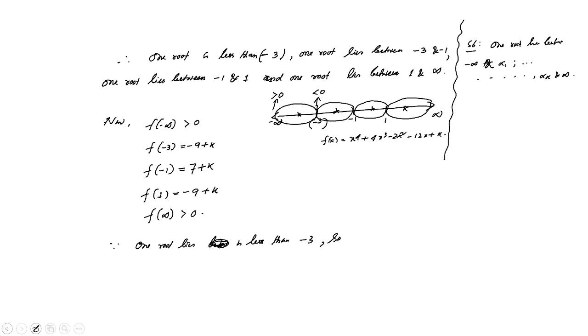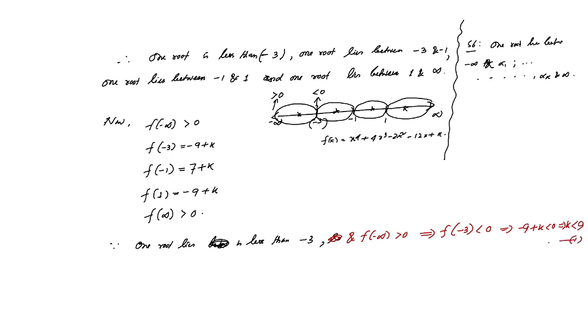So f of -3 is less than 0. That means -9 plus k less than 0, and that implies k less than 9.